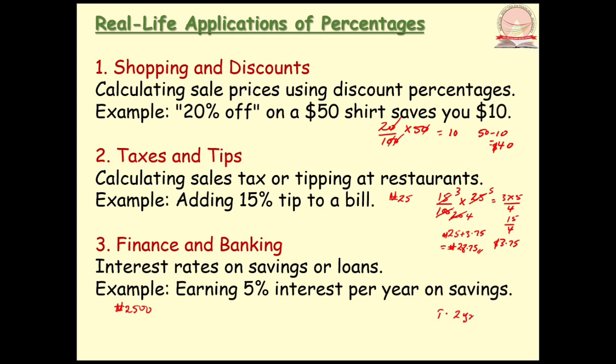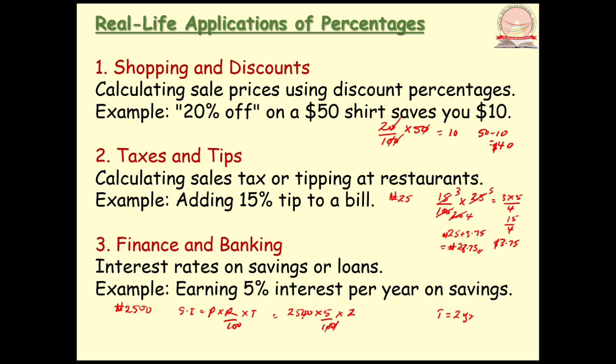So 2 years is the time. Now we're going to recall our formula to calculate simple interest. Simple interest is equal to principal times rate over 100 times time. Now our principal is the amount you are investing, which is 2,500 naira, times the rate 5 over 100 times the time, 2 years that you are leaving your money with them.